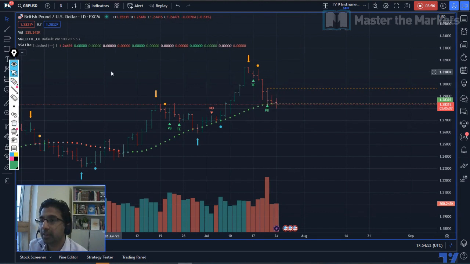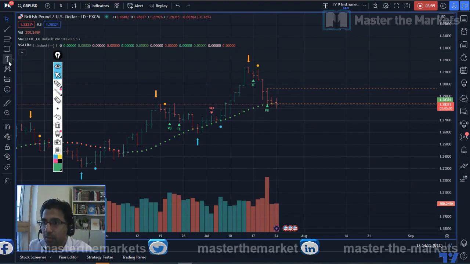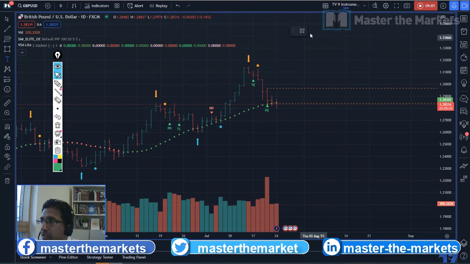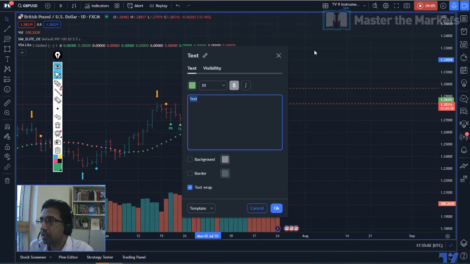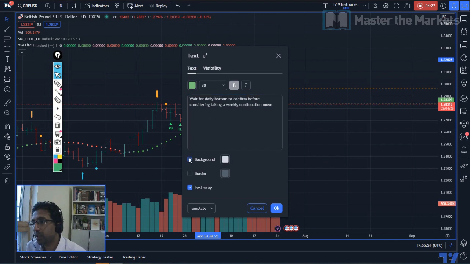Let me write that comment here, and then we can take a look into it from next week as well. Yep, there you go: wait for daily bottom to confirm before considering taking a weekly continuation move.